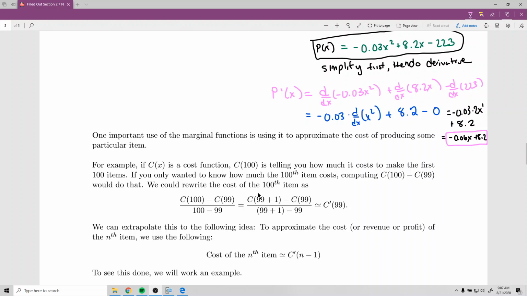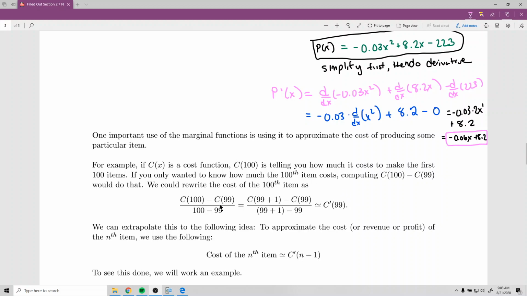Your first one might cost $100 because you have that startup, but then by the 100th one, it might only cost you like $2 or something. But you want to know right away, without producing 100 shirts, how much it is going to cost in the future. Well, what we could do is rewrite the cost of the 100th item.